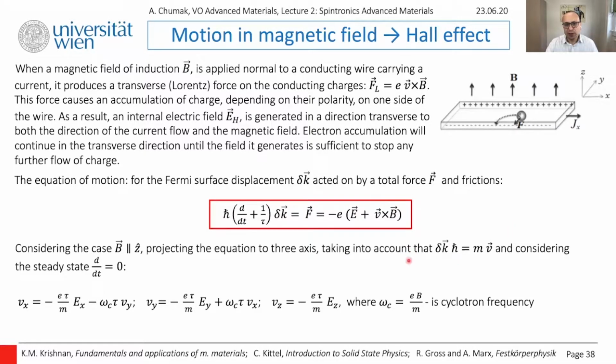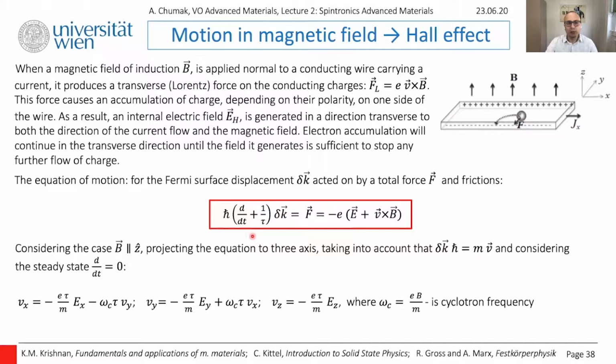First of all, you can go from your quantum mechanical momentum, ħk, back to the linear momentum, like in classical physics, mv. Second, you consider a steady state, when you already have some field across the sample, and electrons do not accumulate anymore because there is already some accumulation. So in this case, you can say that this derivative is equal to 0, and having this, you get a simplified equation.